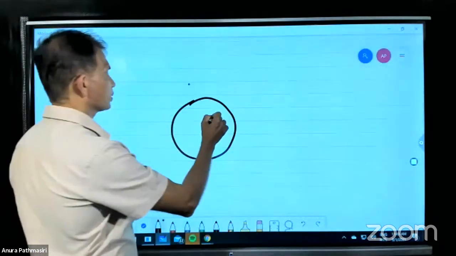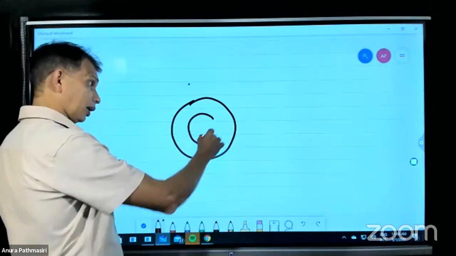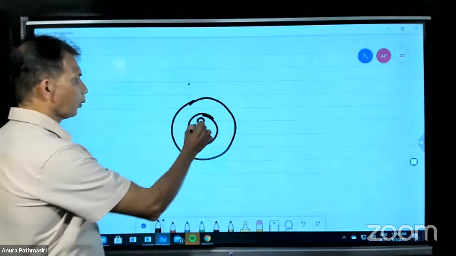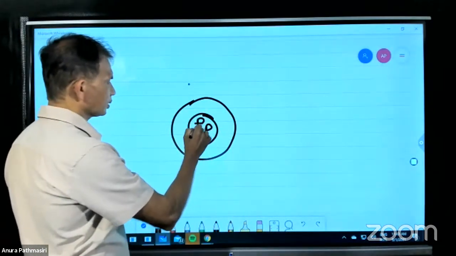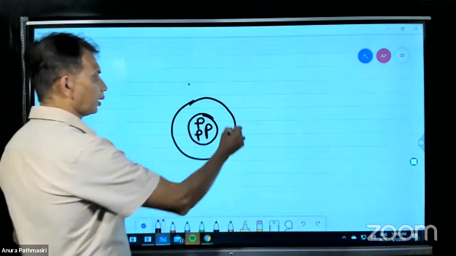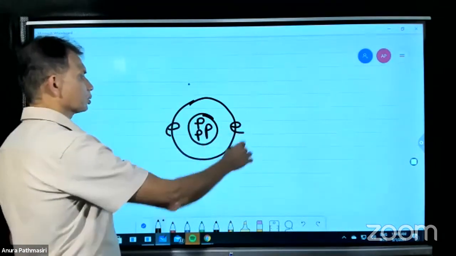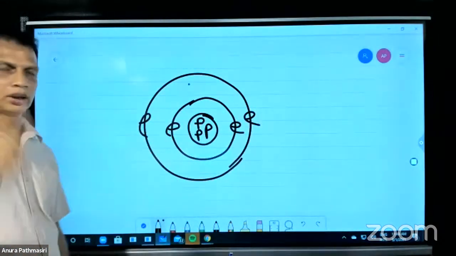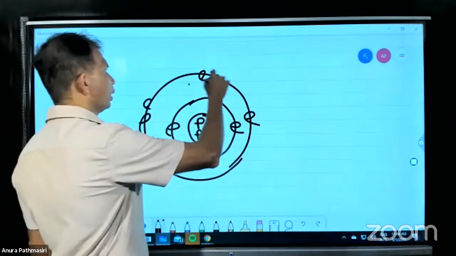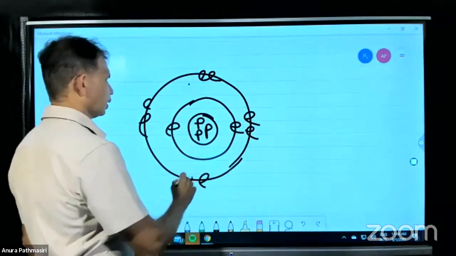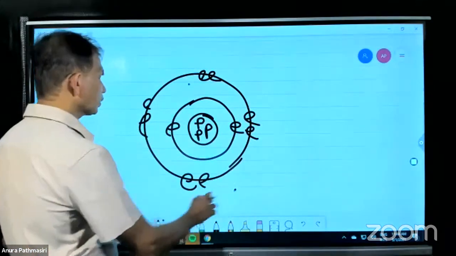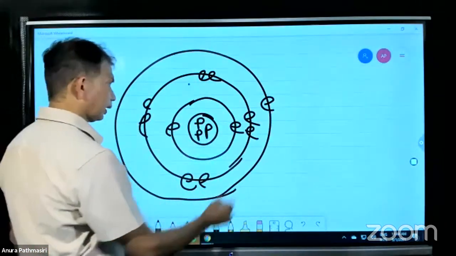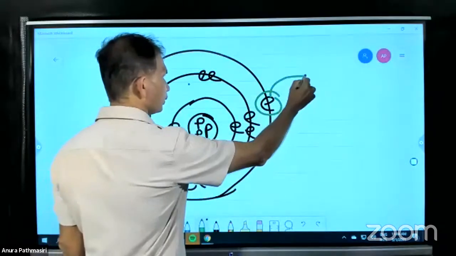Atoms have positively charged protons inside the nucleus and negatively charged electrons moving around the nucleus. But there are some materials from which electrons can be taken away.